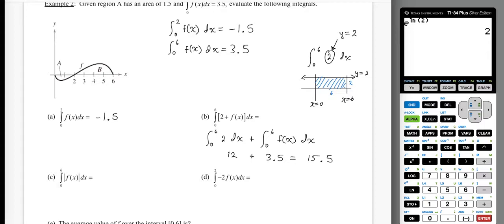So anything below the x-axis should be reflected to be above the x-axis. So a graph of an absolute value function is very similar to the graph of the function itself, except any part that's negative gets reflected to be positive.